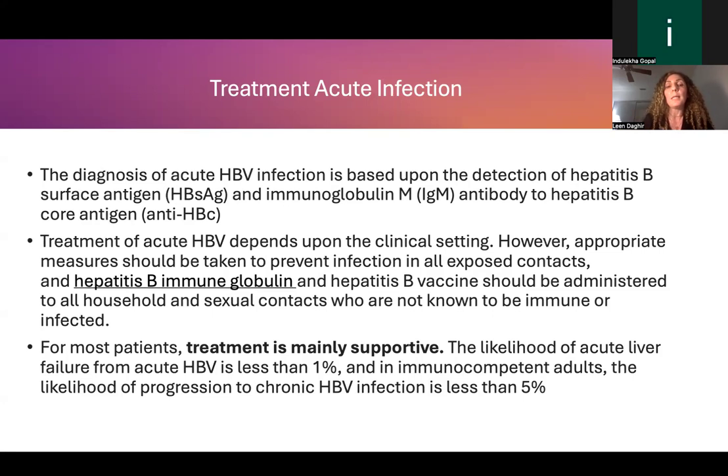So hepatitis B immunoglobulin and hepatitis B vaccine should be administered to all household and sexual contacts who are not known to be immune or infected. For most patients, treatment is mainly supportive. The likelihood of acute liver failure from acute hepatitis B is less than 1% in an immunocompetent adult, and the likelihood of progressing to chronic infection is less than 5%.